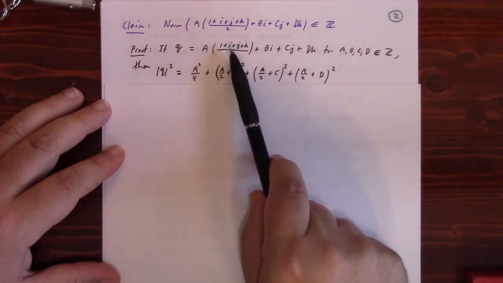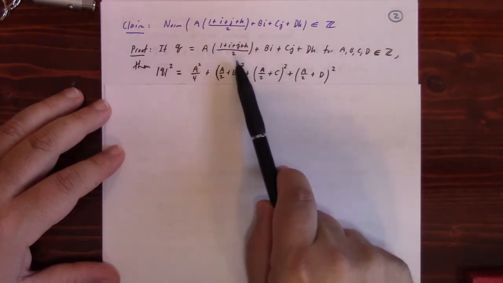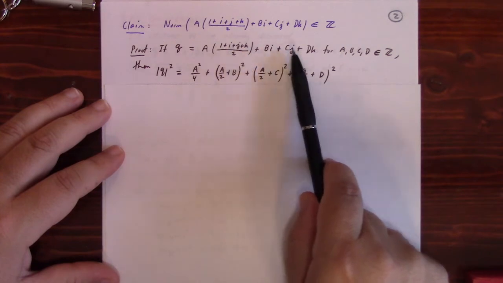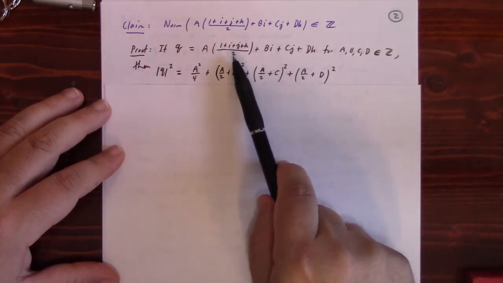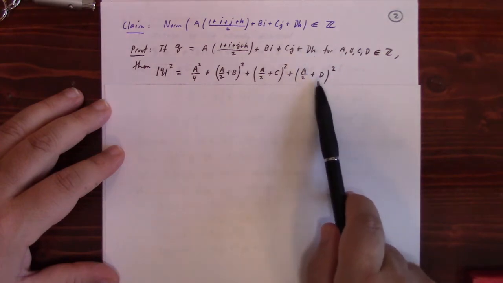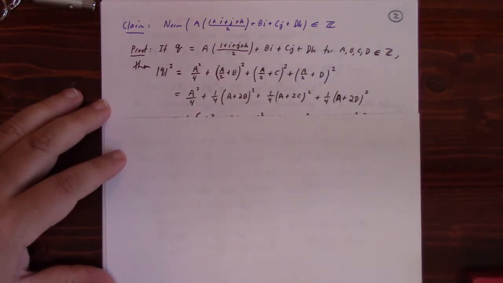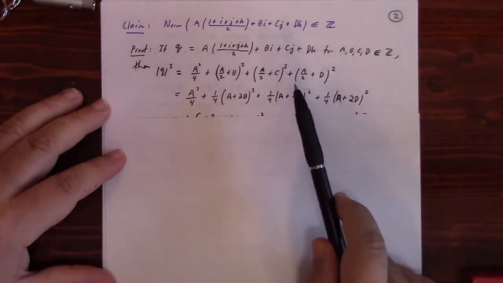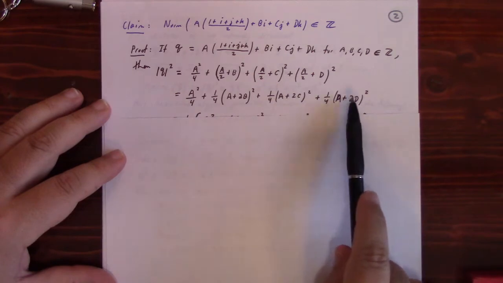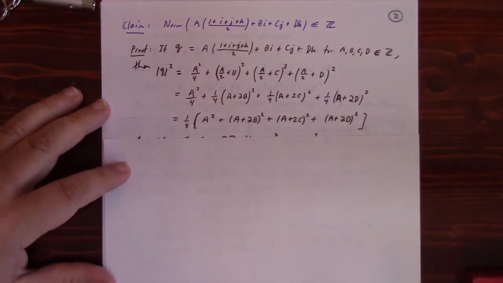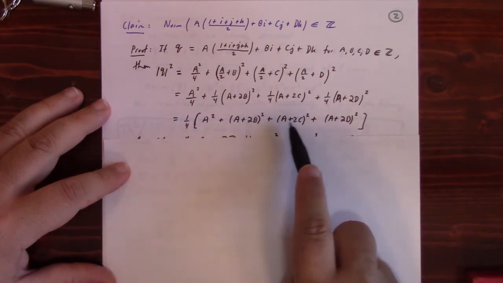I've got a/2 plus b, so (a/2 + b) squared. I've got an a/2 from the j term, and that adds to c. I've got a k term with a/2, which adds to d, so I get (a + 2d)/2 squared. Then I factor a quarter out, and rewrite those.